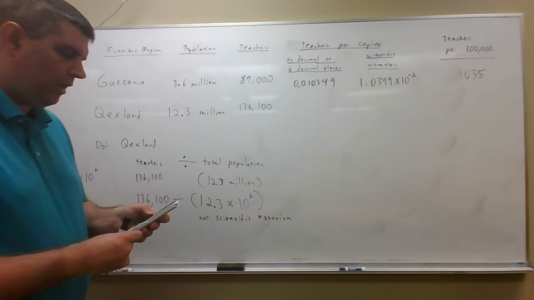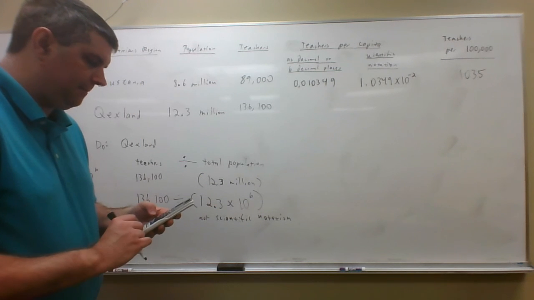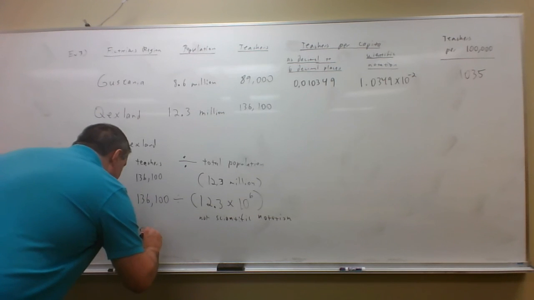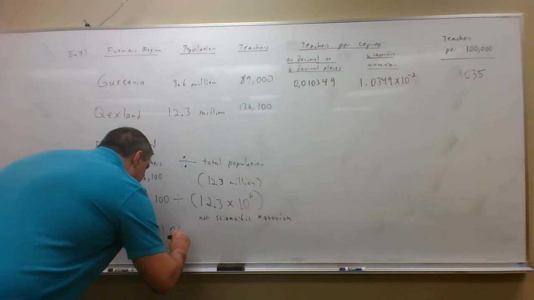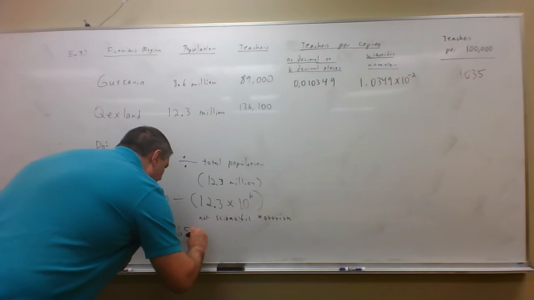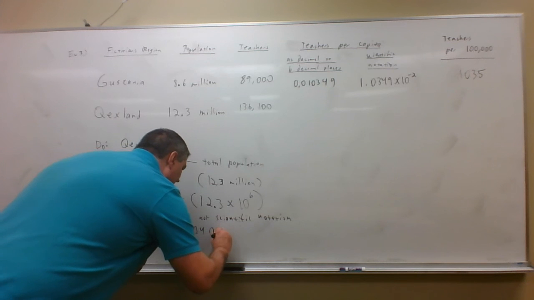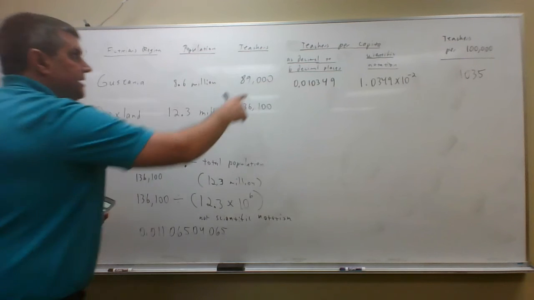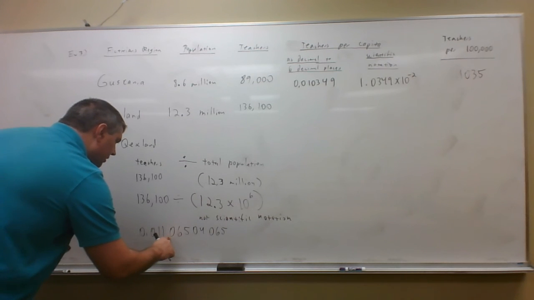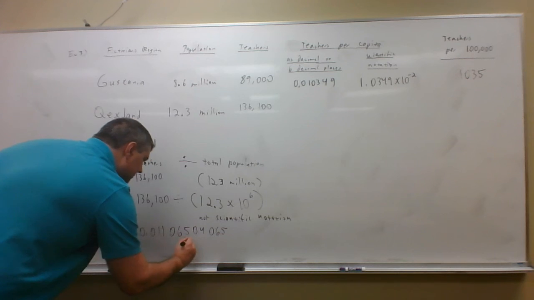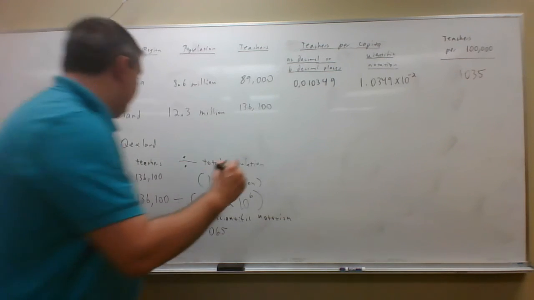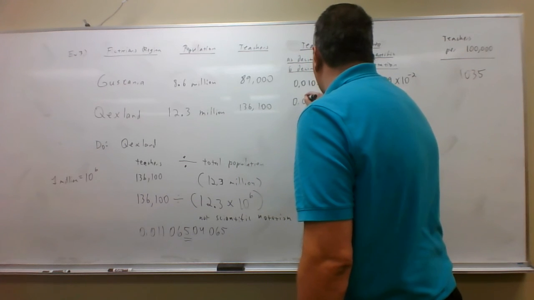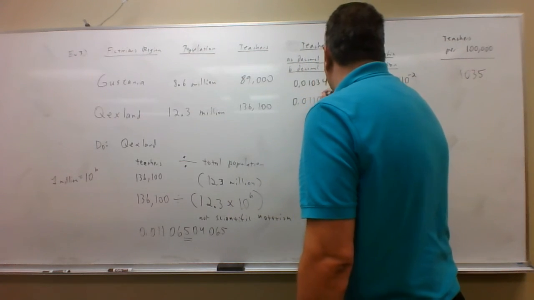Scroll out of the exponent if you have to, parenthesis. I got 0.01106504065. 6 decimal places, so 1, 2, 3, 4, 5, 6. I'm going to be rounding down. So 0.011065.